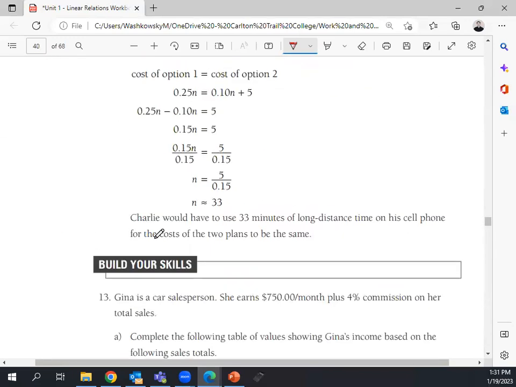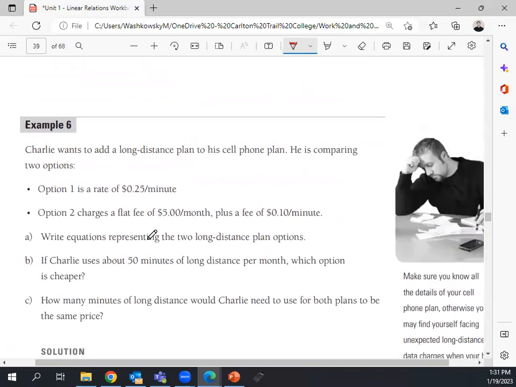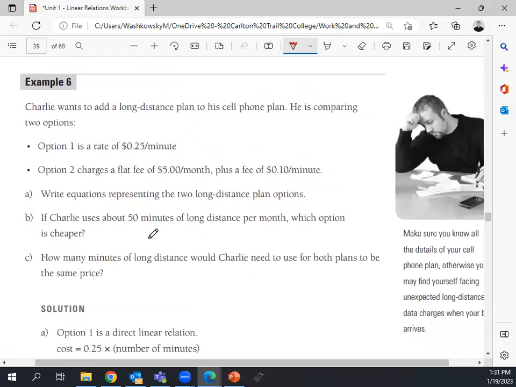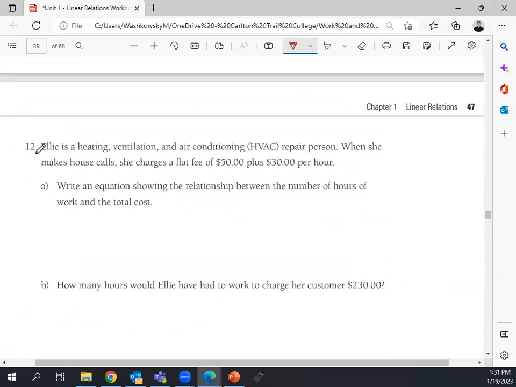If you can do question 12, you're pretty much exam ready, to be honest with you. So you get a couple minutes here to keep practicing the skill, and then we're going on to something called scatter plots.